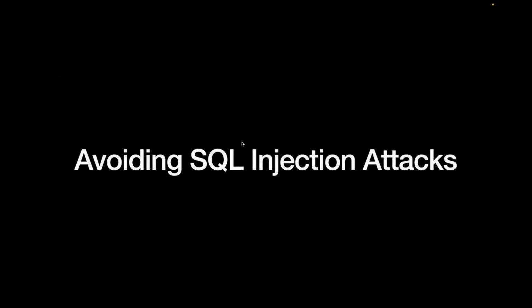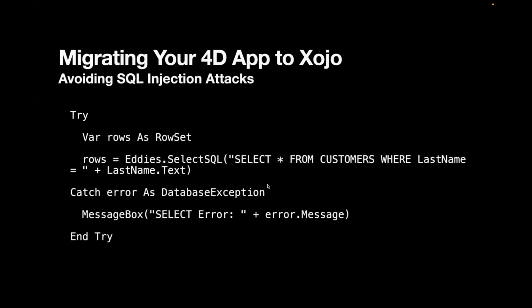All right, SQL injection attacks. This is something you do have to worry about with SQL. A SQL injection attack is where a malicious user tries to get a SQL call into your application. And you think, well, how could they do that? Well, let's look at this example. I'm doing a SQL select star from customers where last name equals, and I'm appending the text in this control called last name, right?